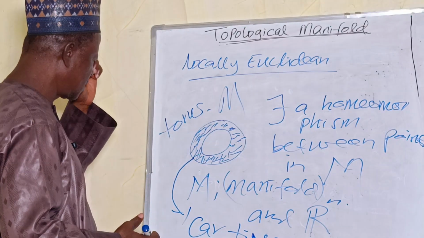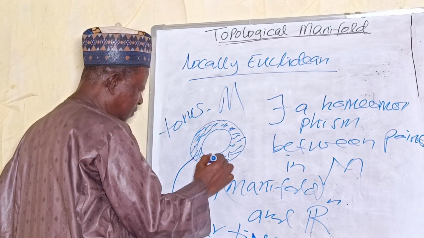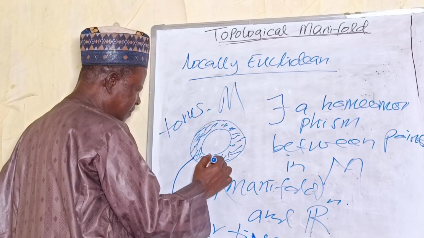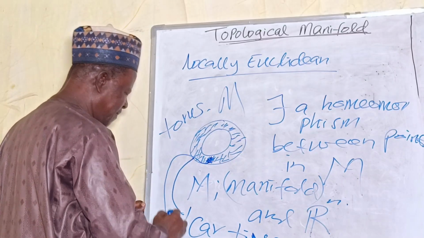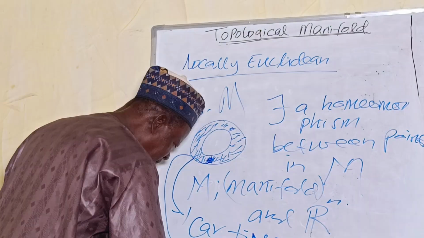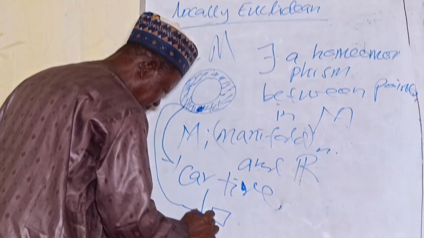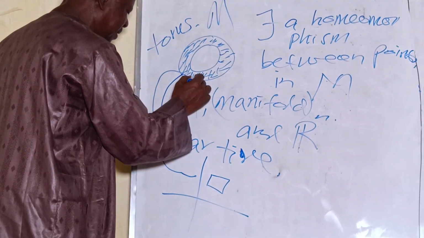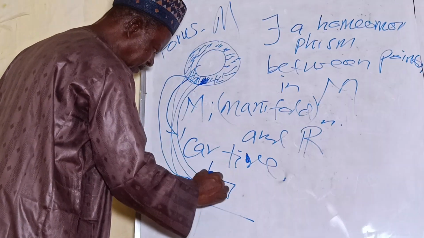But supposing you want to fetch a portion of it, you build a map between this and a two-dimensional manifold, so that every point here is mapped onto a point on this.